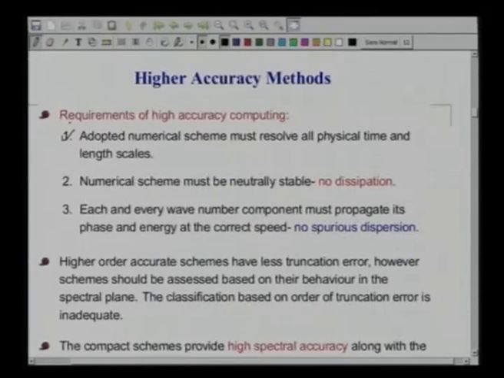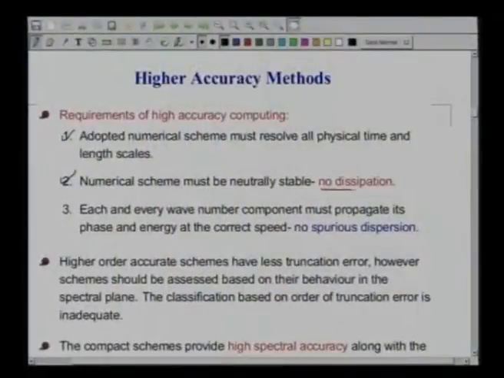Now, the second term is what I just now described to you, that we need to have mod g equal to 1. That means, we need to have a neutrally stable system. We cannot have instability, of course, then the solution will blow up, you will immediately know, but what is not always realized is that you cannot also have so called stable dissipative system.